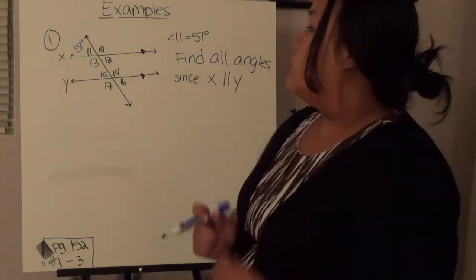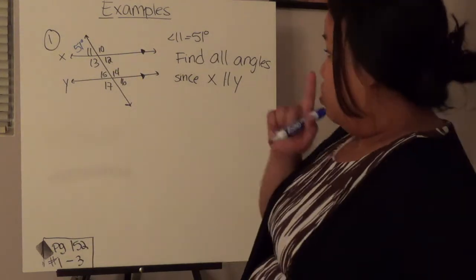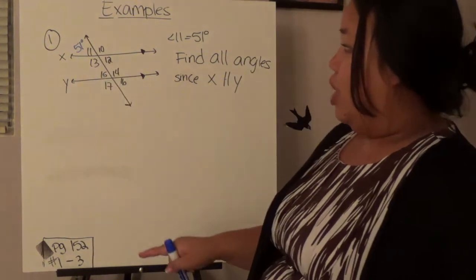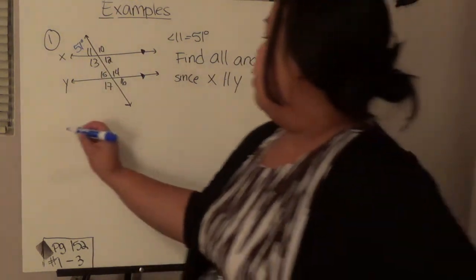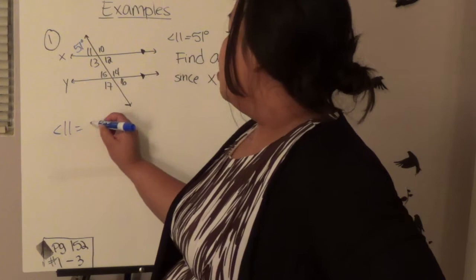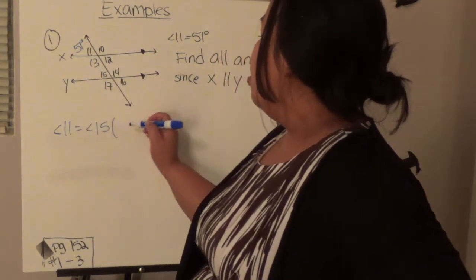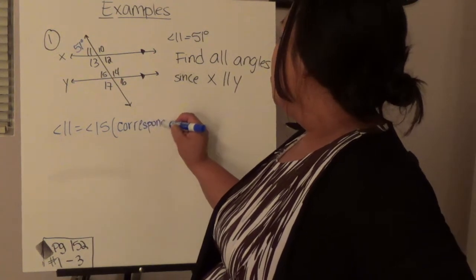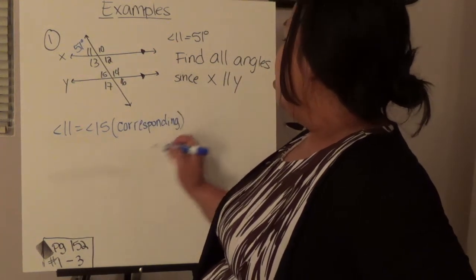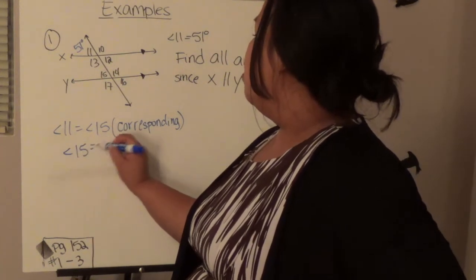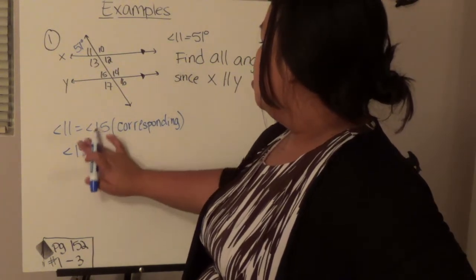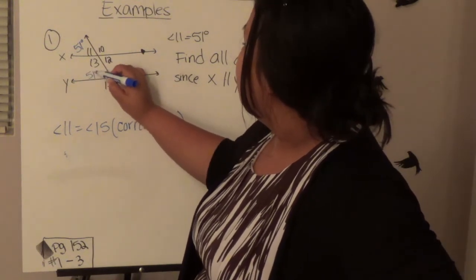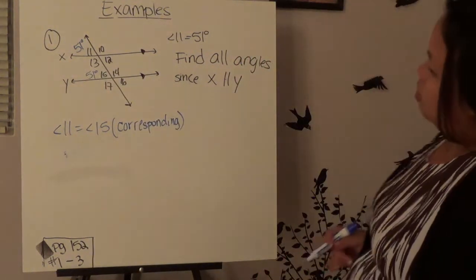So we're going to use a combination of the new things that we learned. We do know that angle 11 and angle 15 are what? Angle 11 equals angle 15 because they are corresponding. Okay, so angle 15 equals, I'm just going to write it here, 15 is 51 degrees.